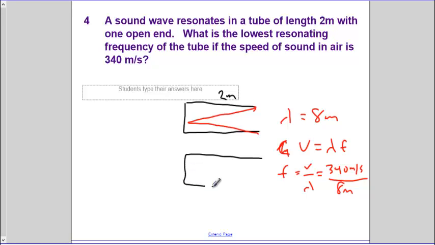This tube will also sing at a higher frequency. If this is F, it will sing at a frequency that corresponds with a waveform that looks like that. How many waveforms are contained? 1, 2, 3.